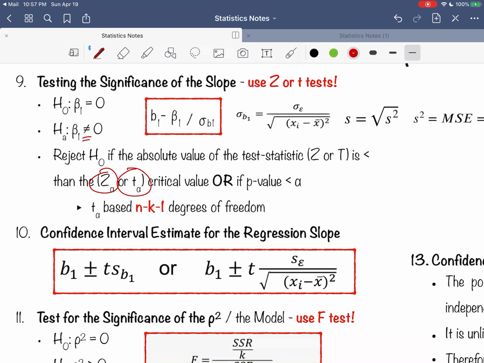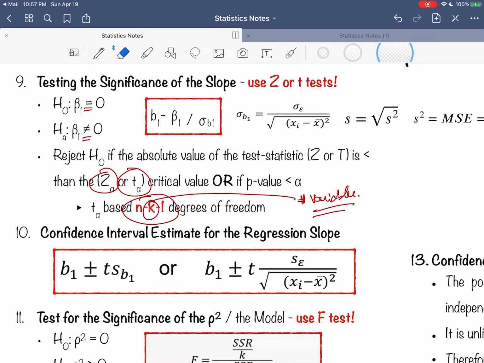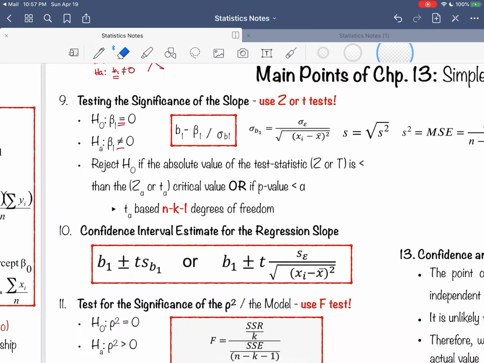In this case, because it's equal to and not equal to, it's going to be a two-tailed test, so alpha divided by 2, and it's going to be based on n minus k minus 1 degrees of freedom. K is the number of variables used to predict y. In a simple linear regression, it's going to be 1, so the entire degrees of freedom are going to be n minus 2 degrees, which is often what is written or what you see in your textbook.